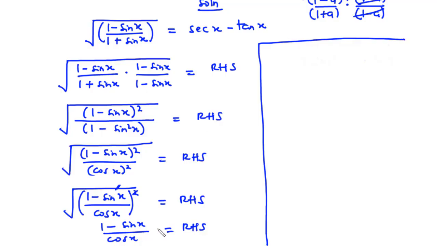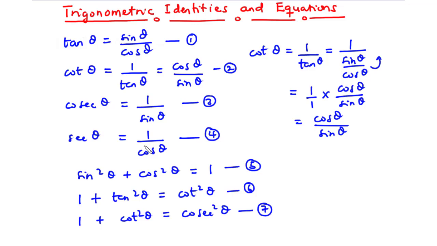Now 1 minus sine x over cos x, we can simplify this as 1 over cos x minus sine x over cos x. 1 over cos x is sec x. Here we have 1 over cos theta equals sec theta.